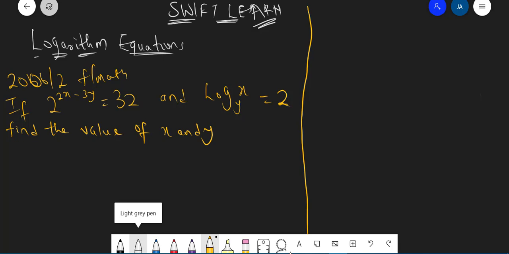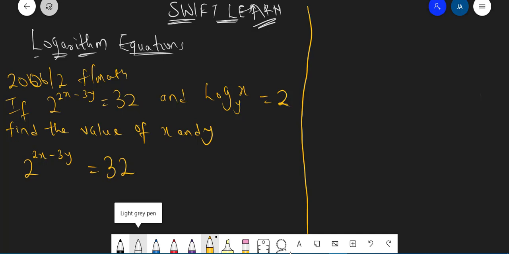Good. Now this is equation 1, this is equation 2. Simple. I need to get my x and my y, so I'll be using simultaneous equations. This is 2 raised to 2x minus 3y equals to 32. Yesterday we did indices and logarithm.